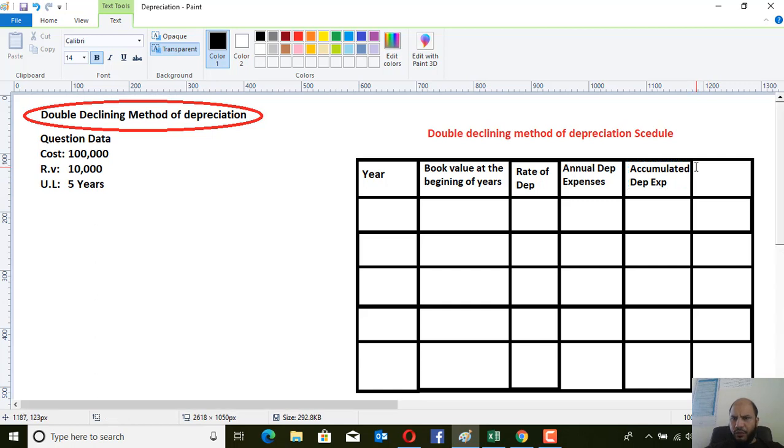And then we have book value at the end of year.